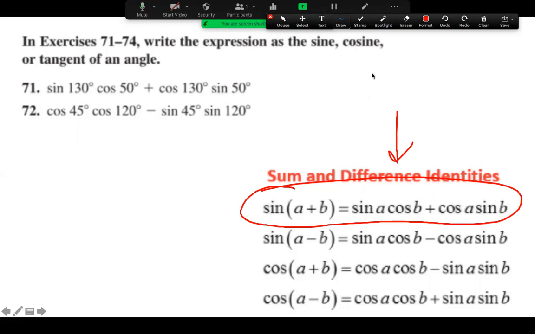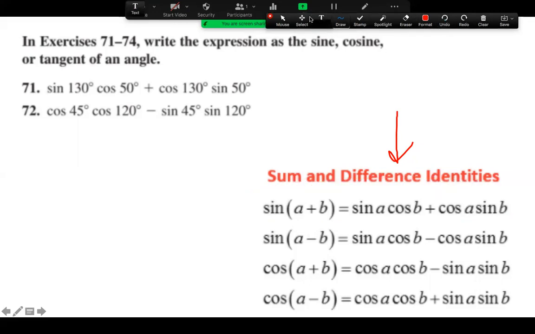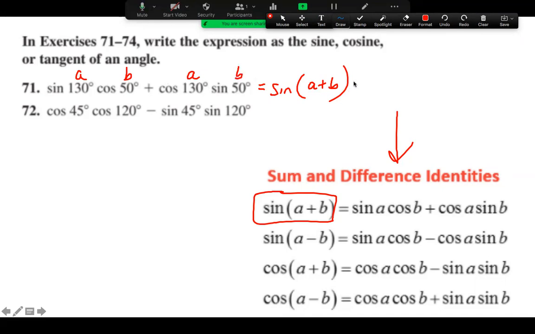So all we have to do here, folks, is this expression is equivalent to sine of A plus B, with the 130 as your A and the 50 as B.